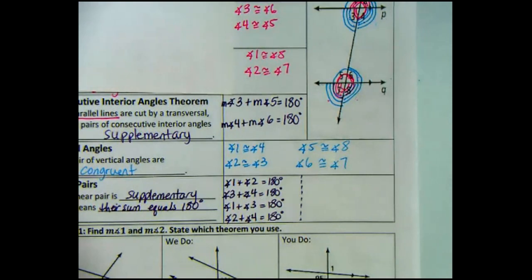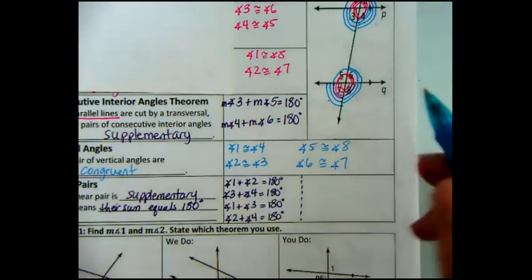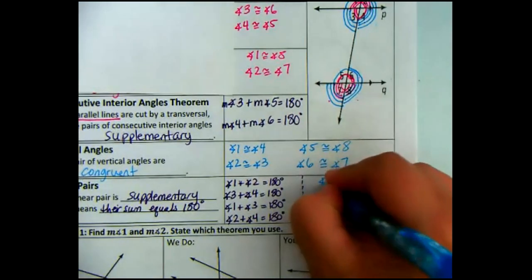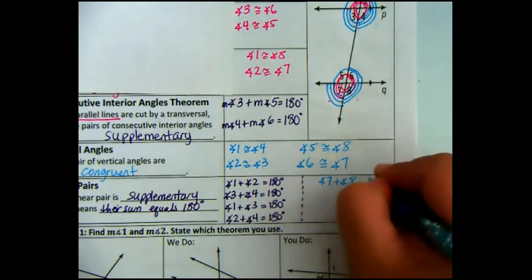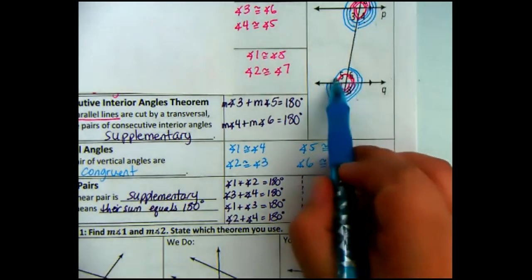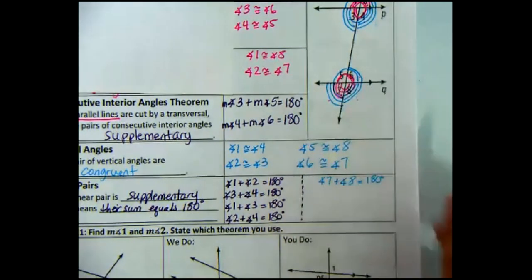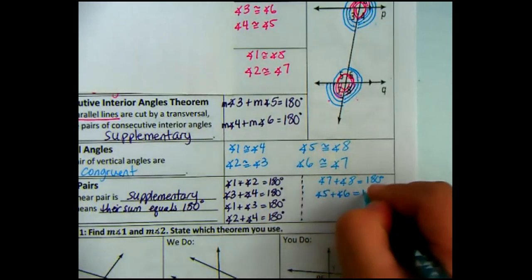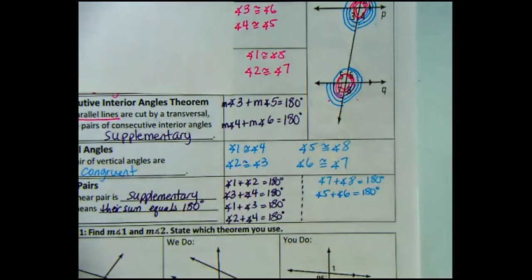Okay, 7 and 8. Yes, angle 7 and angle 8 are a linear pair. That means angle 7 plus angle 8 will equal 180 degrees. All right, Andres coming through with another one, angle 5 and angle 6. Yes, on the other side of line Q. So angle 5 plus angle 6.